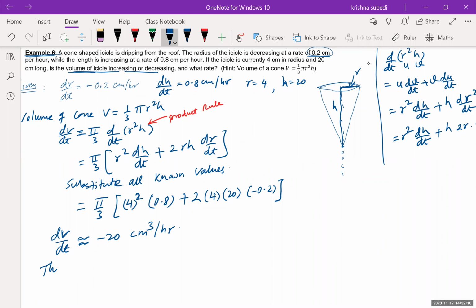This means the volume is decreasing at about 20 centimeter cube per hour.